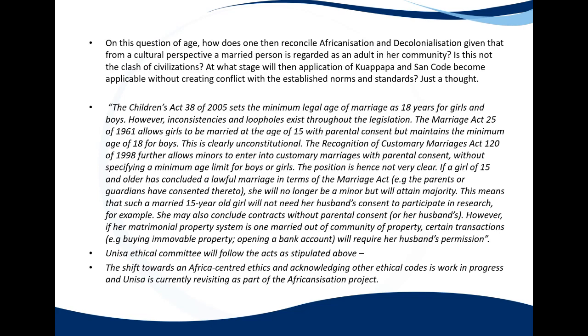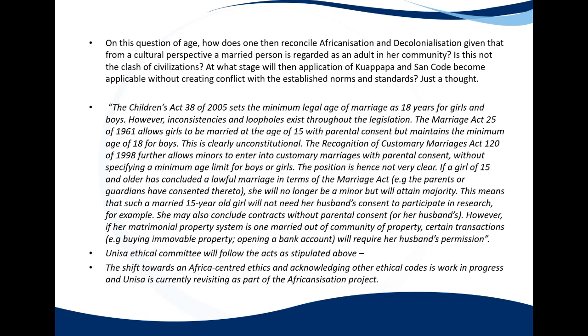The Children's Act of 2005 sets the minimum legal age of marriage at 18 for girls and boys. However, inconsistencies and loopholes, as we know with many systems that sometimes don't speak to each other, exist throughout the legislation. On the other hand, the Marriage Act of 1961 allows girls to be married at the age of 15 with parental consent, right?